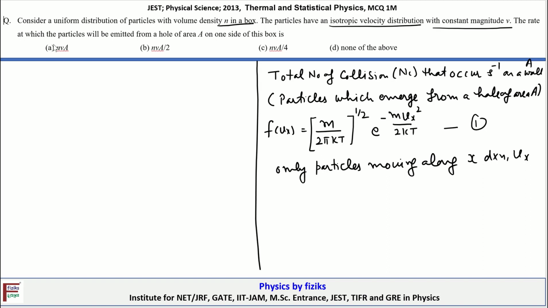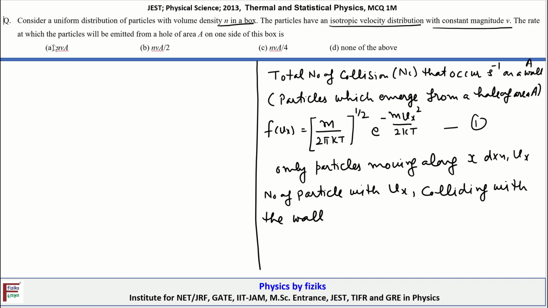Now we are going to calculate the number of particles with velocity Vx and colliding with the wall, per unit area and perpendicular to Vx.